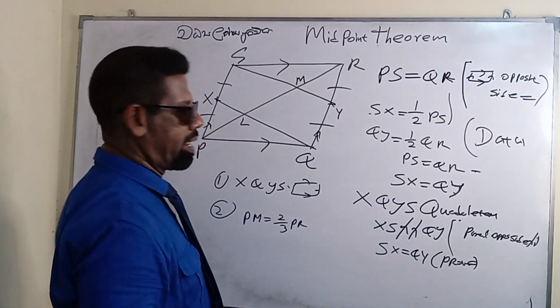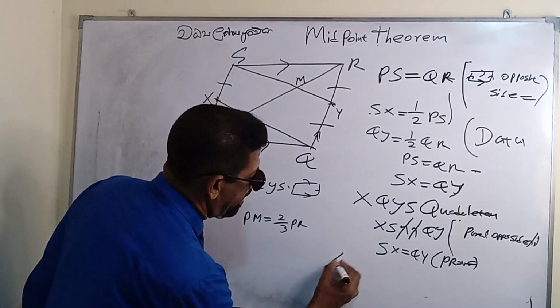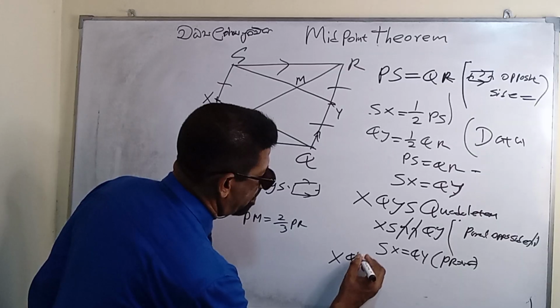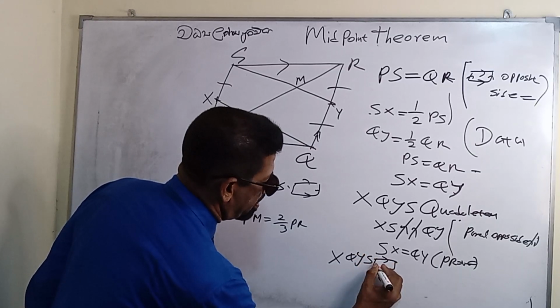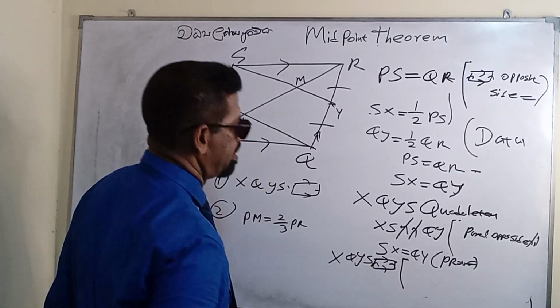So we can write that XSQY is a parallelogram. What is the reason?